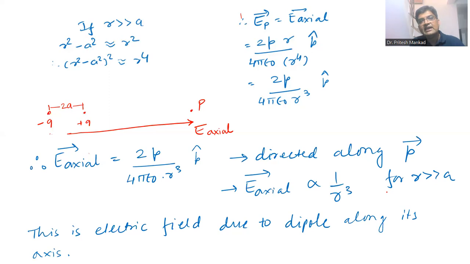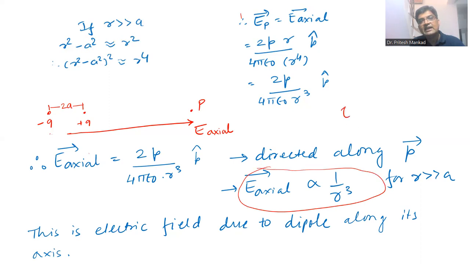And it is directed along the direction of the dipole, that is, from minus q to plus q. In short, the highlight is that the axial field is inversely proportional to r cube, right?